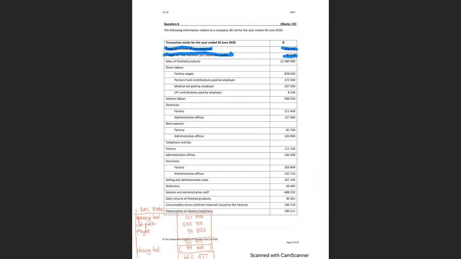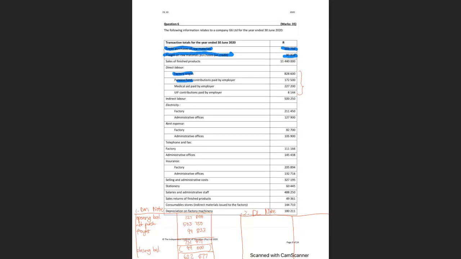Then your direct labor, let's also do that at the bottom here. We're looking for anything associated with your labor in terms of the wages itself, UIF, medical aid, pension fund, and so forth. So here you have this entire bit that is associated with your direct labor.